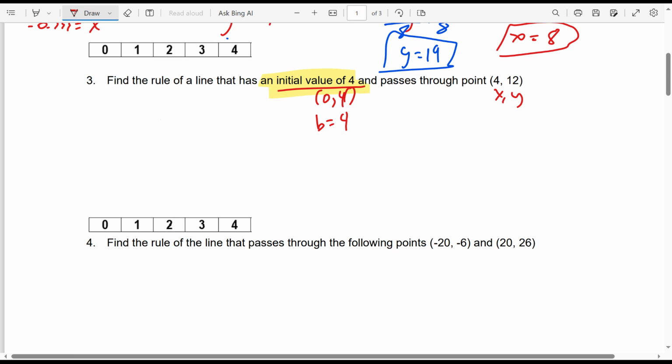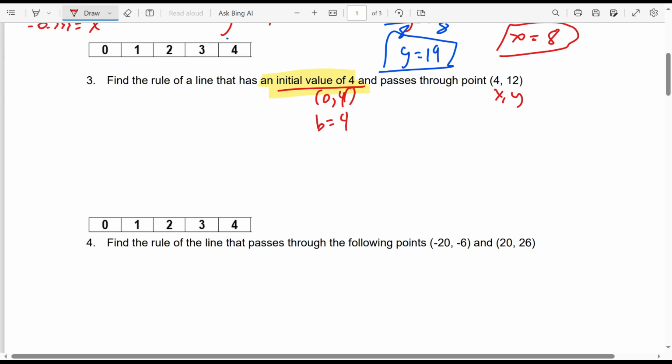This is a huge roadblock for people as well. It's two things: it's a point that I can use, and it's the b of the rule. I'll say that again because it's a huge roadblock. Initial value of 4, you need to know that that's two things.